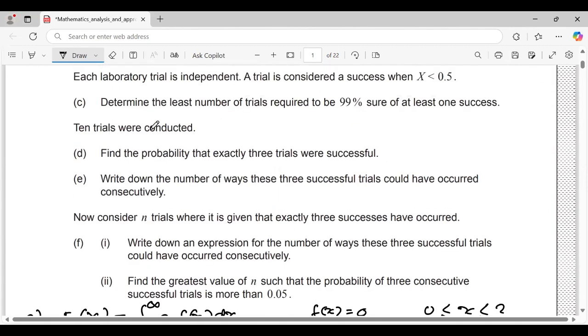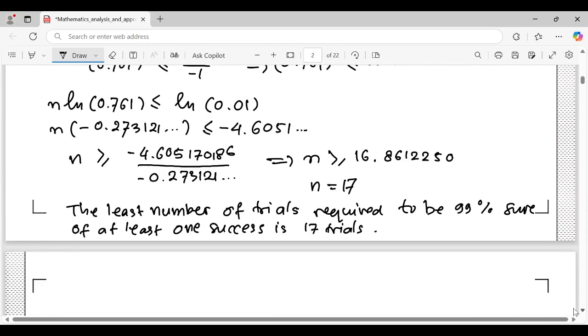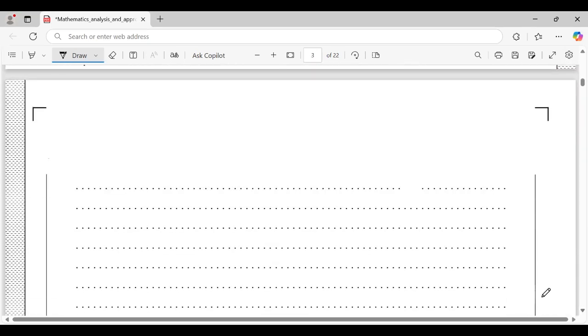10 trials were conducted. So n equals 10. Find the probability that exactly 3 trials were successful. Ready?